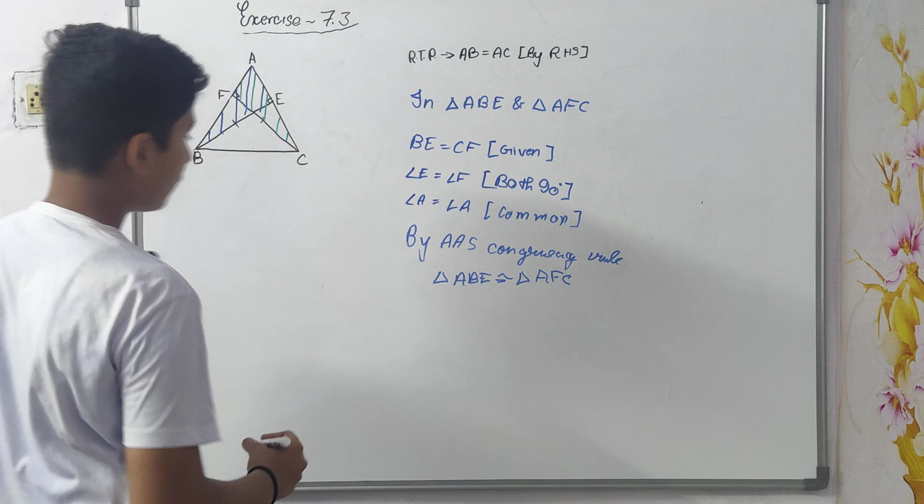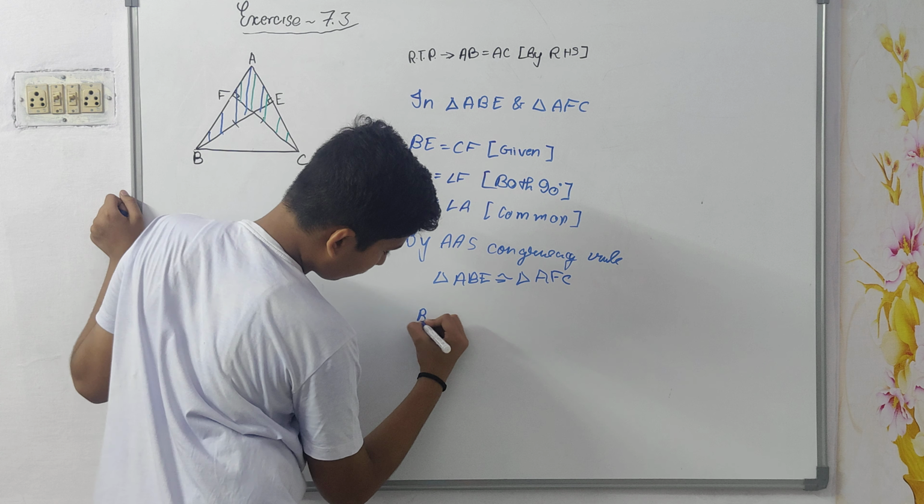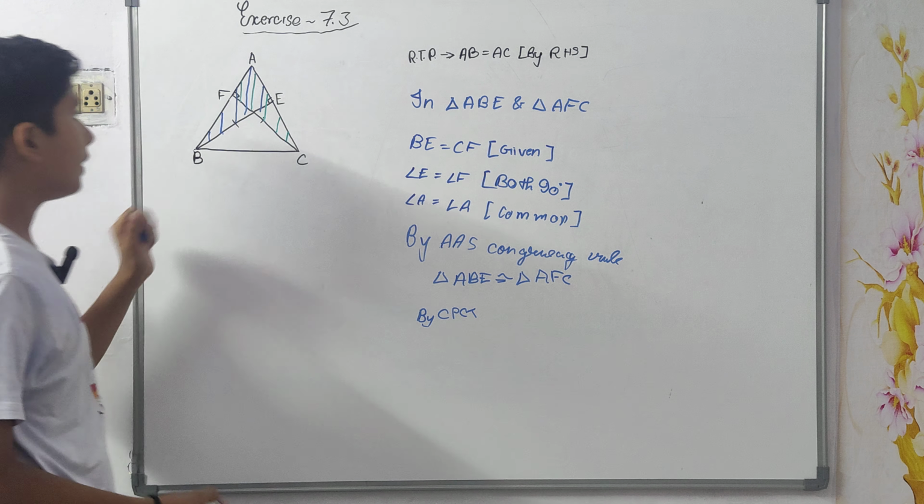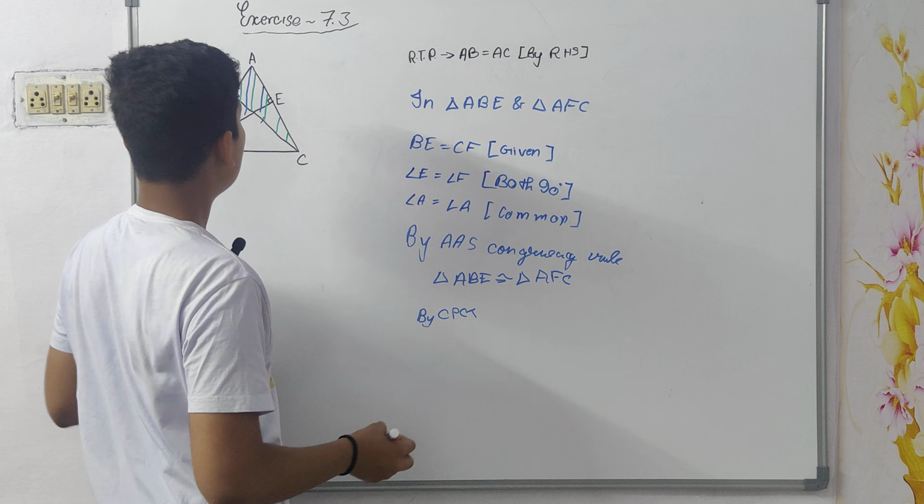Okay, by CPCT we can use CPCT. AB equals AC.